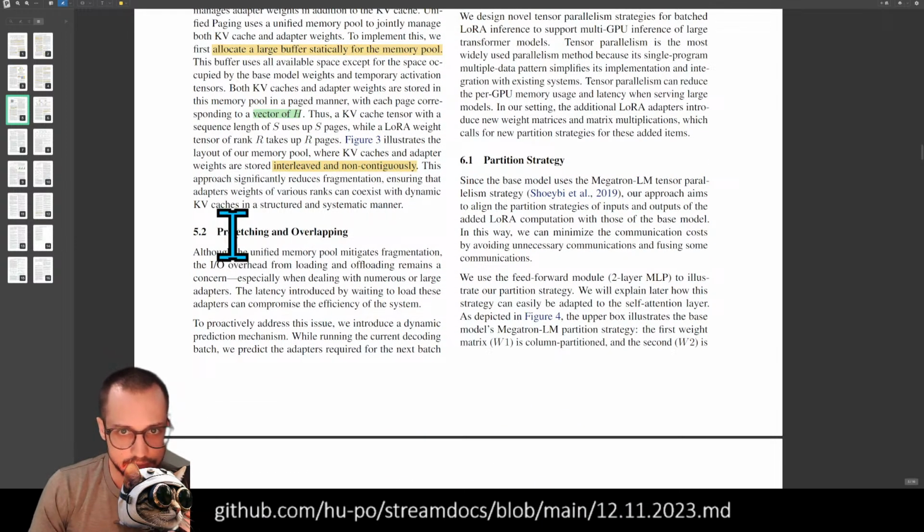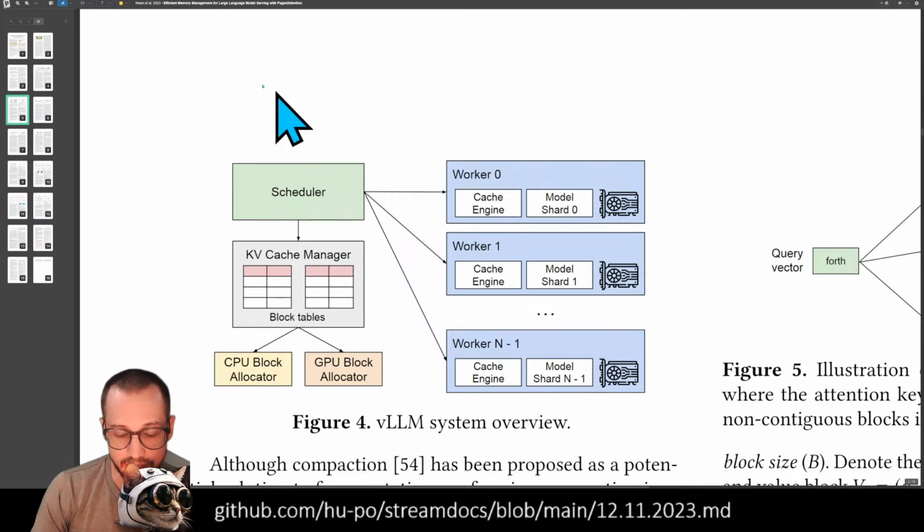Prefetching and overlapping. Although the unified memory pool mitigates fragmentation, the I/O overhead from loading and offloading remains a concern. So this is the trade-off: now we put everything into this giant pool of memory sitting in the RAM on the computer.